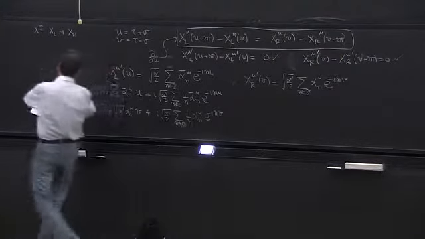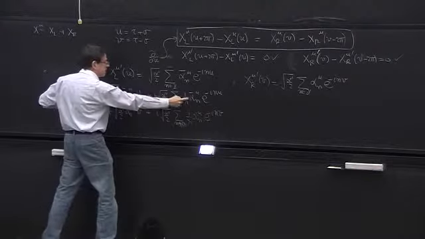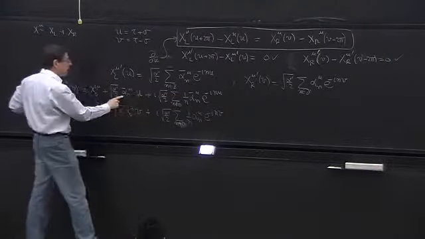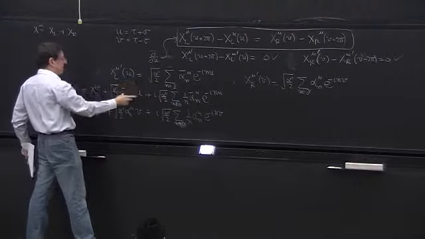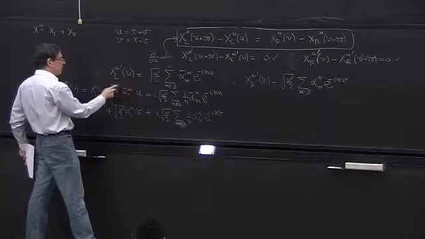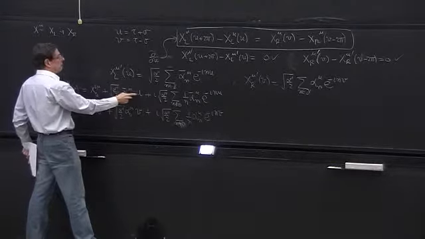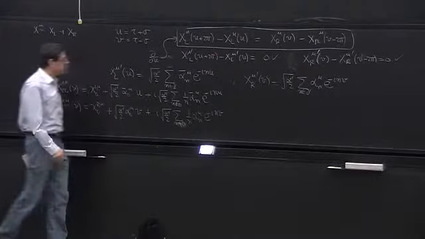Now, what is the failure of periodicity of XL? This is certainly periodic, and this is certainly periodic. This is not periodic. The failure of periodicity of XL is alpha 0 bar mu times this square root times 2 pi, because it's u plus 2 pi minus this.